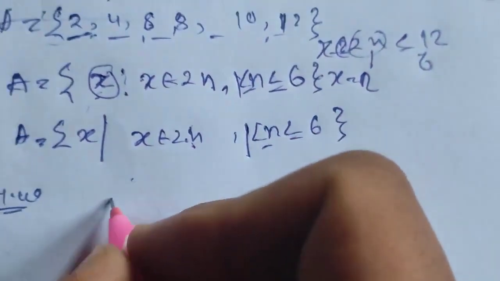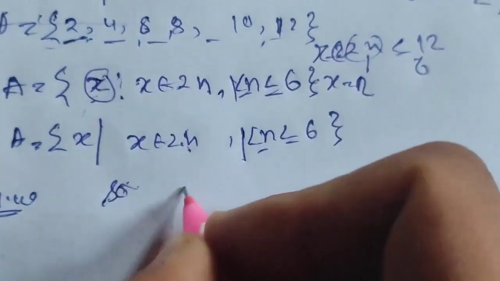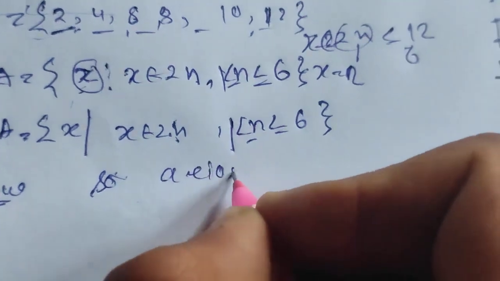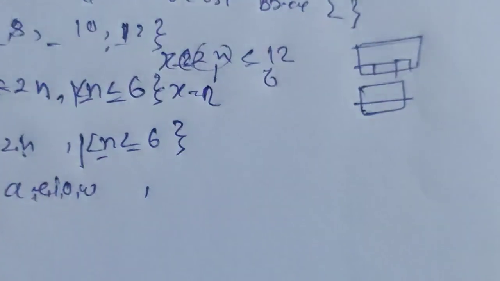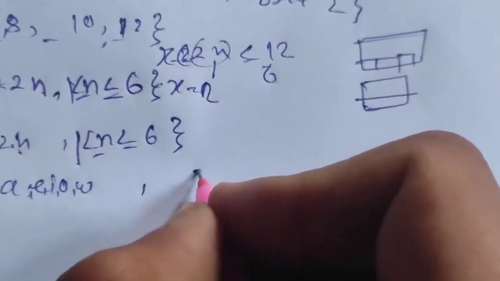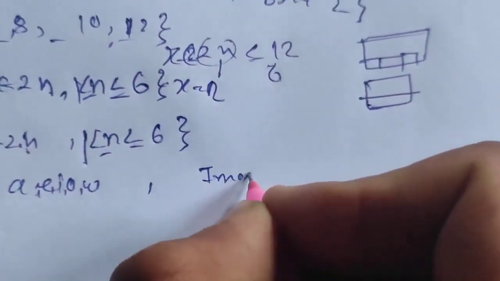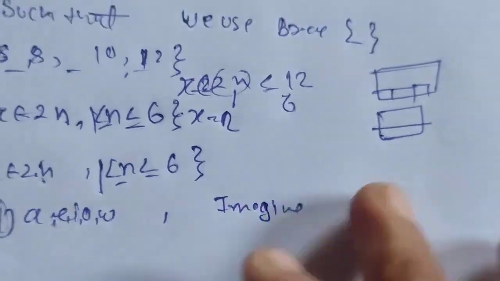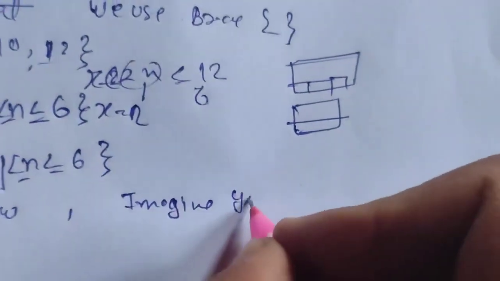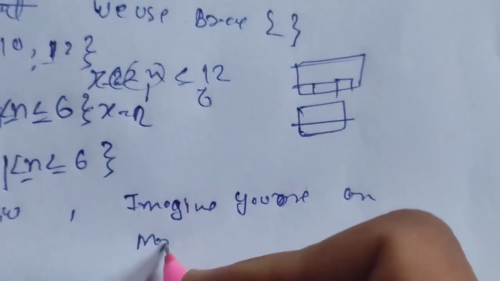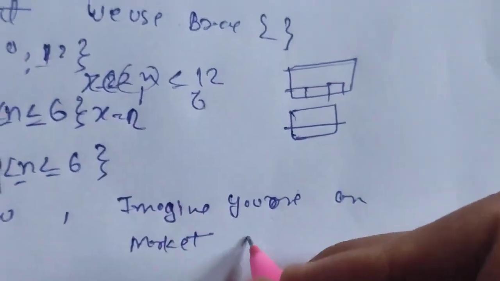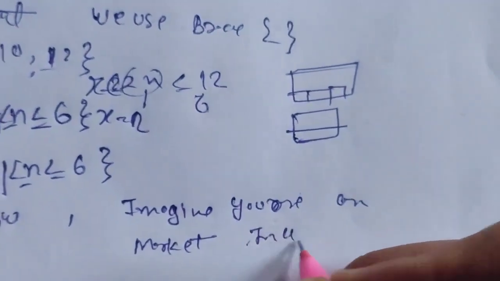Question 1: for the example A, E, I, O, U, build a set. Second, imagine you are in a market, in a grocery shop.